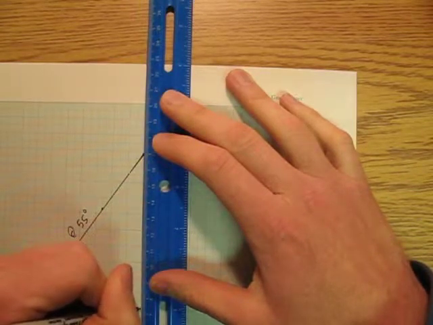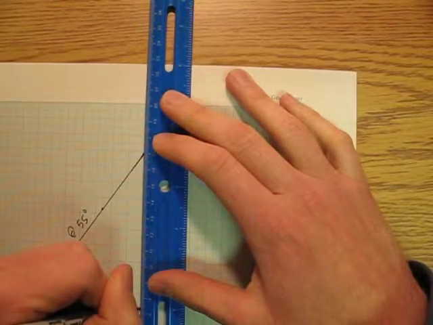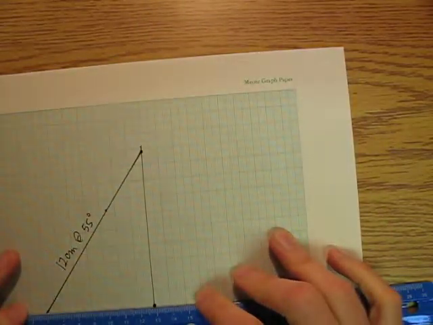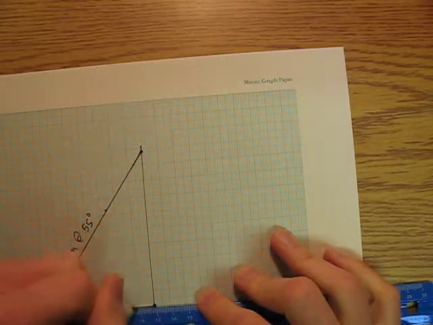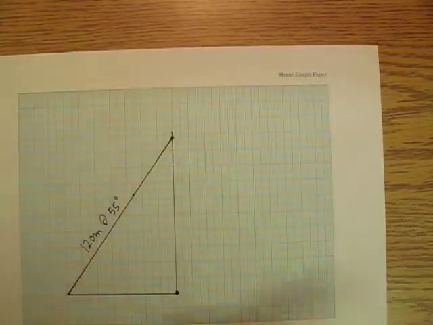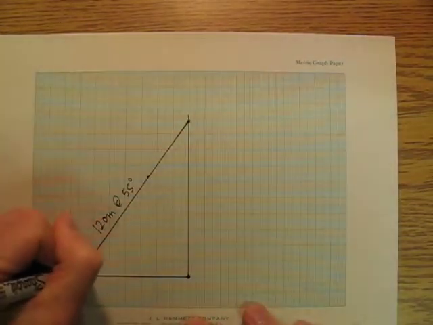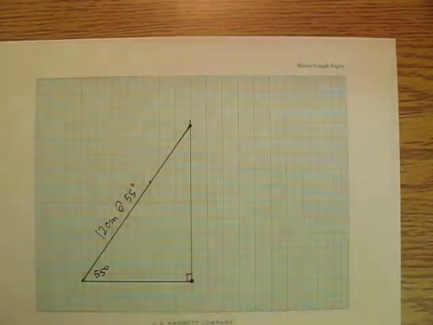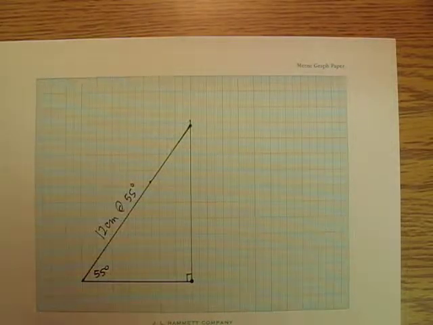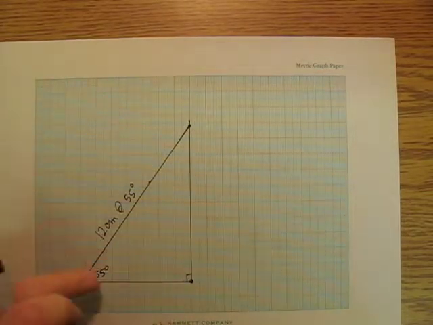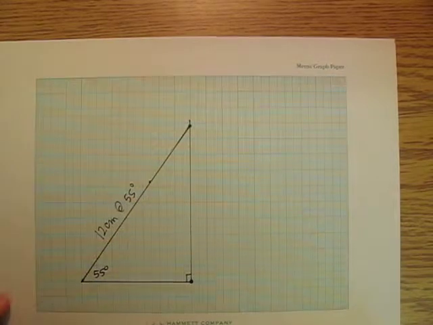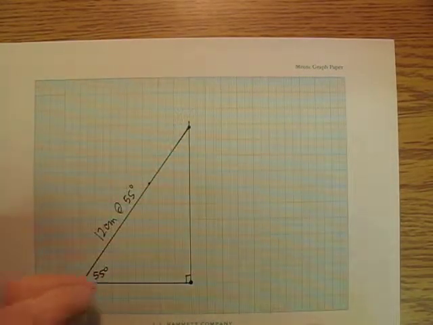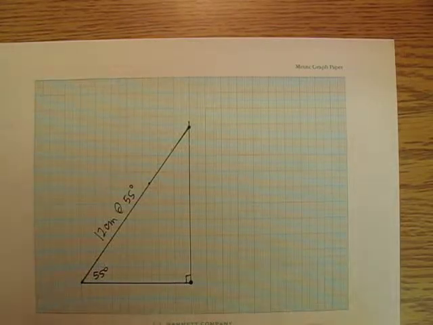So we've done it there, about, and right there. Okay. So this is 55 degrees, and that's my 90. And because we know that 90 plus 55 plus something equals 180, we know this plus something else equals 90.